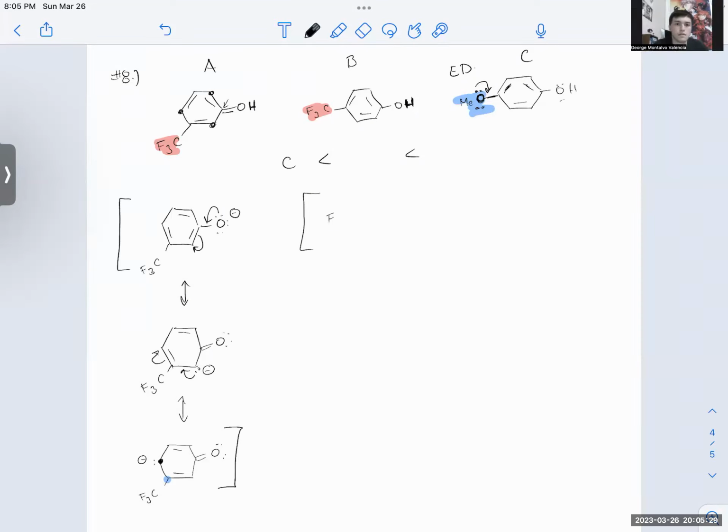So then it's always 1 over and then skip, and then 1 over and then skip. So you wouldn't have to draw them, unless the question required it. So B is more resonance stabilized because it has the inductive effect plus resonance. So A is going to be in the middle.